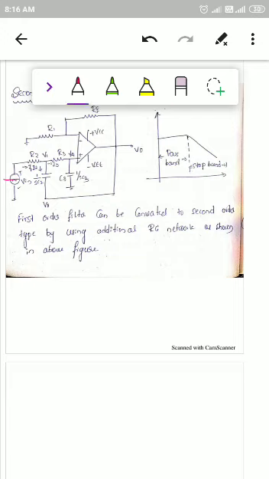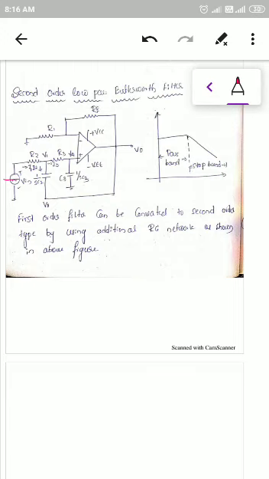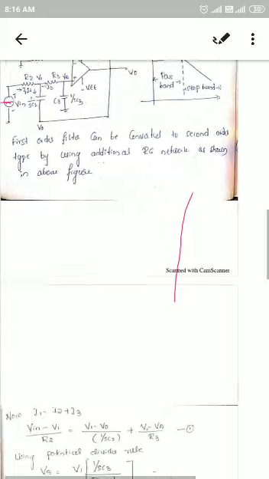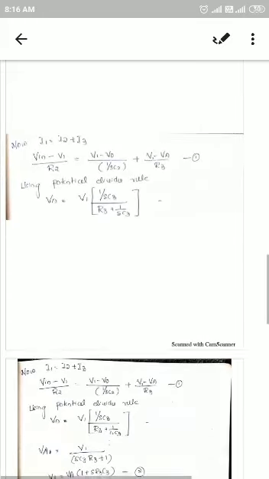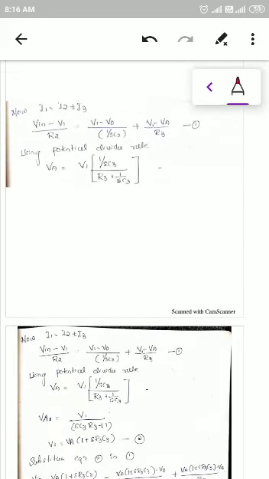Now let me start with the derivation of the gain of a second order low pass Butterworth filter. From the figure, I1 is equal to I2 plus I3.